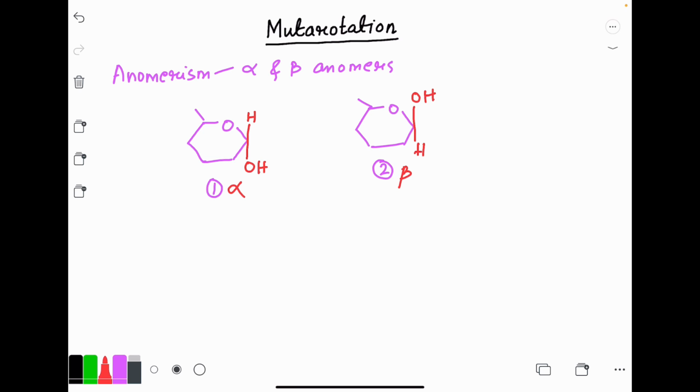Now the interconversion between alpha and beta forms is known as mutarotation. When a molecule is put in water, the rotation is studied. Mutarotation is studied by the rotation of plane polarized light, and this interconversion between alpha and beta anomers is known as mutarotation.